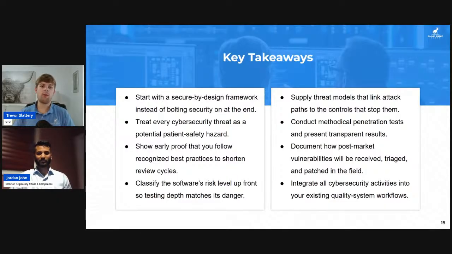We want to see methodical penetration tests with very clear, transparent results. A penetration test should be thought of as looking under the hood, really getting into the device and trying to figure out everything that can go wrong. It's going to be as comprehensive as possible and ensure that we're clearing up any risks before the device enters the post-market phase.